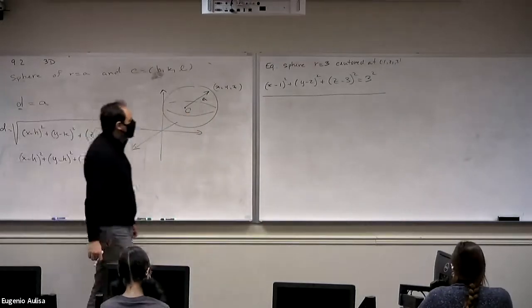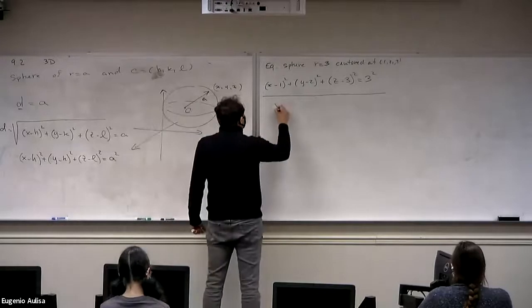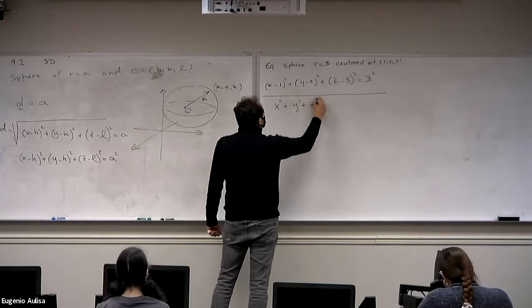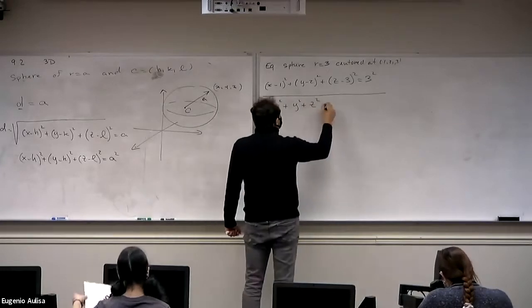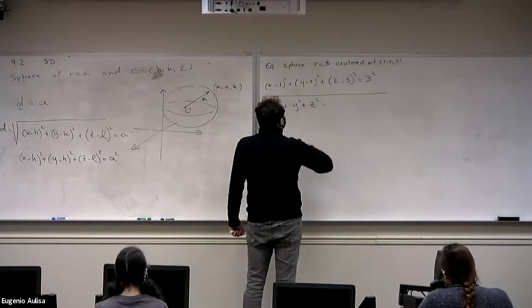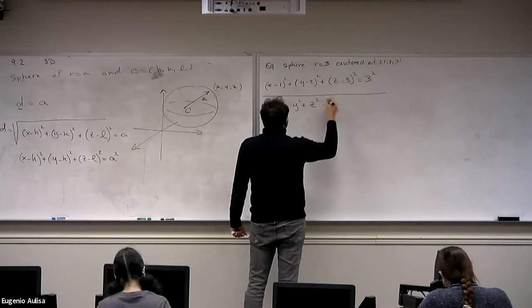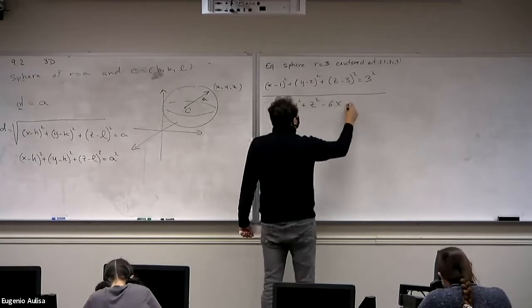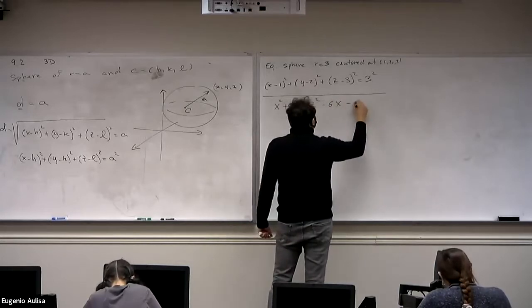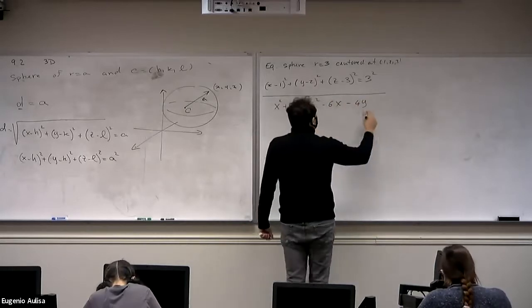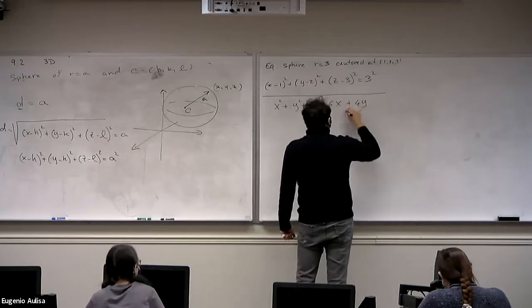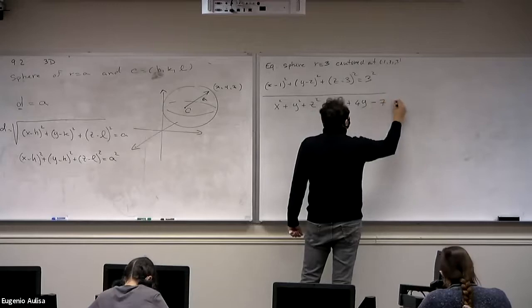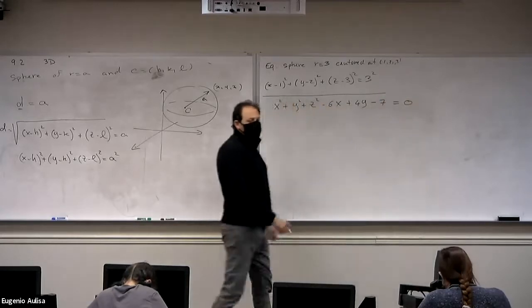So let's say we have something like x² + y² + z² − 6x − 4y, let's put a plus for y, − 7 = 0.